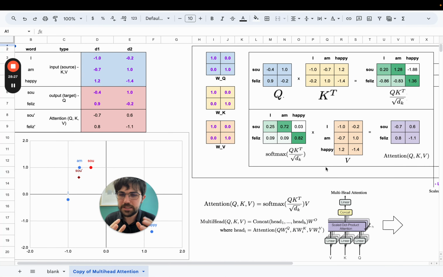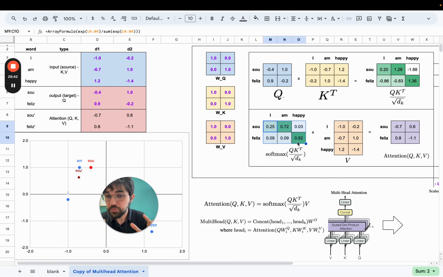But the main idea is already implemented here, and with this idea of doing this transformation based on similarity, the transformer and the attention mechanism is very powerful at acquiring context. It doesn't matter how far or how close a word is in a sentence, because it's going to pretty much look at all of the words and compare either with the memory, in this case for translation, or with themselves.